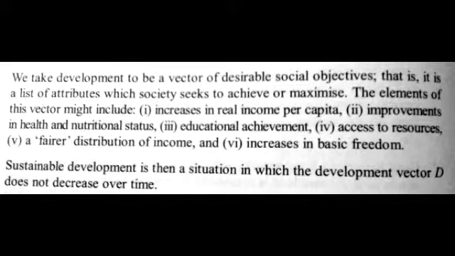Improvement in health and nutritional status, 3. Educational achievement, 4. Access to resources, 5. A fairer distribution of income, and 6. Increase in basic freedom. Sustainable development is then a situation in which the development vector D does not decrease over time.